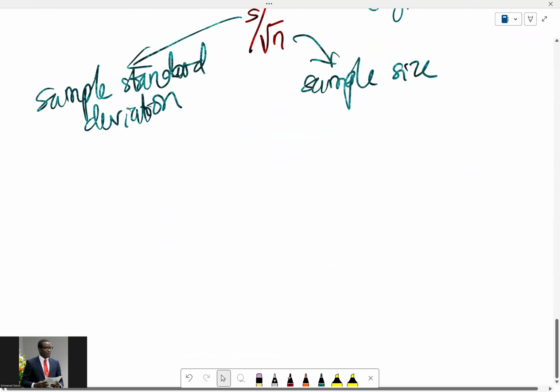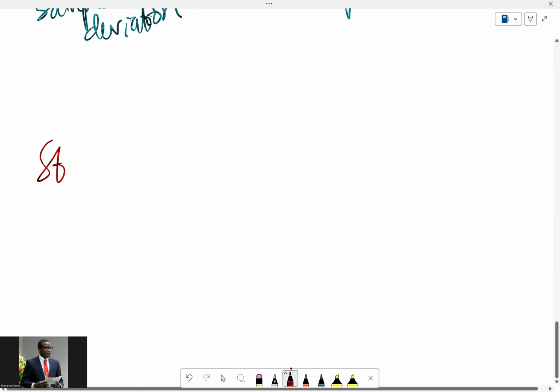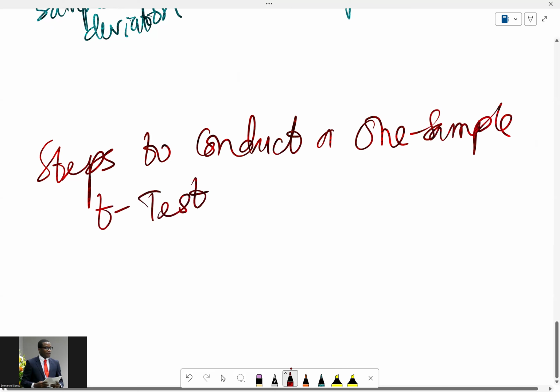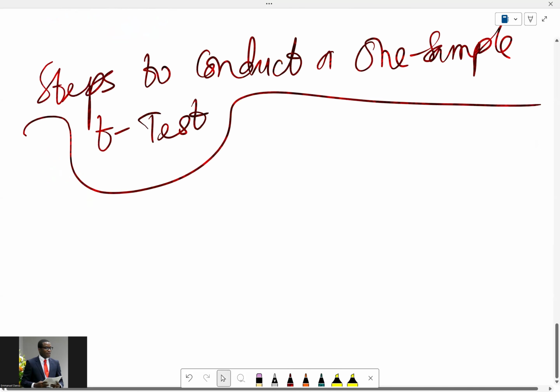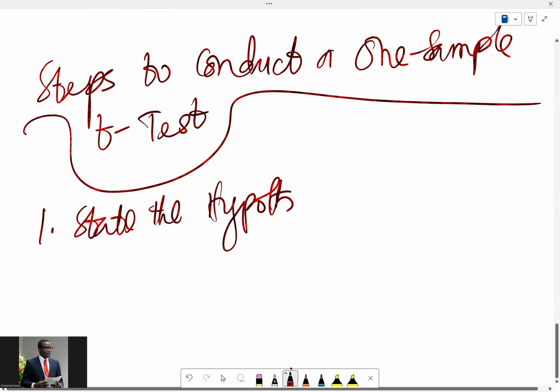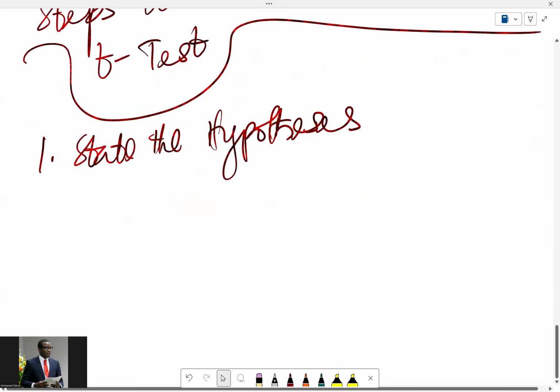So let's look at the steps necessary to conduct a one sample t-test. Okay. So the first step is to state the hypothesis, always, right? Here you have the null hypothesis, H naught. We are used to this already.